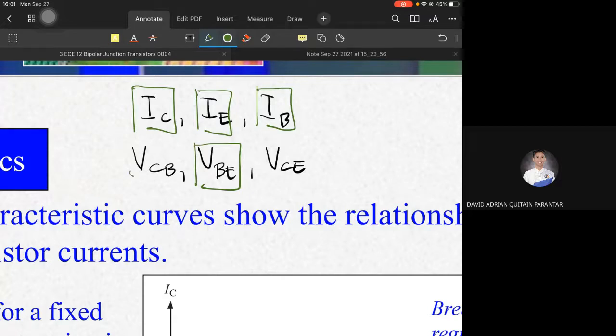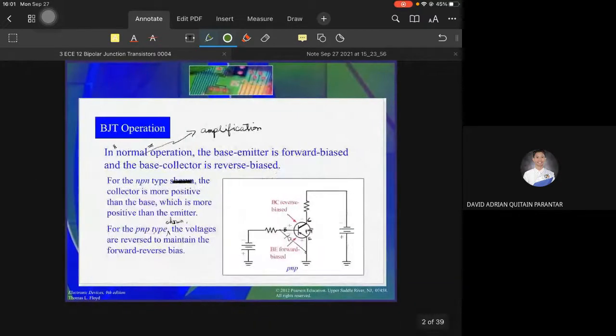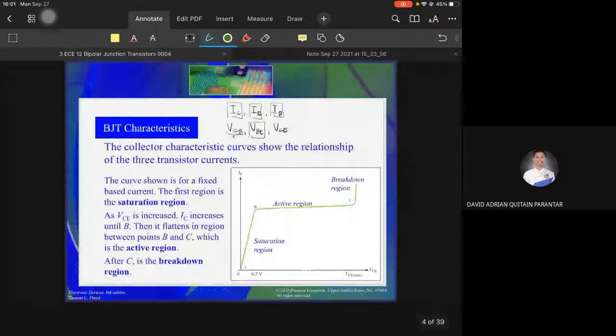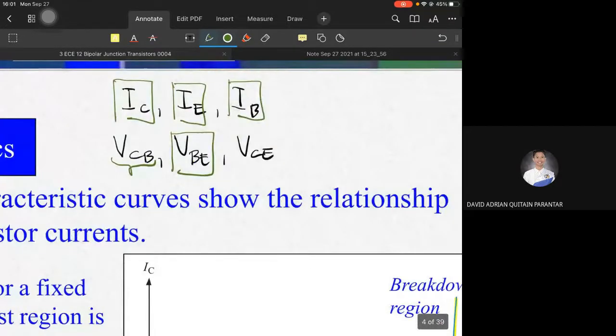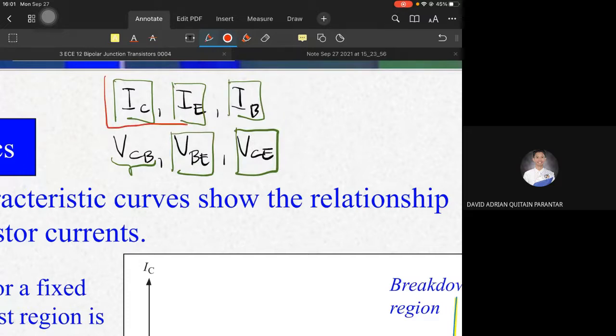VCB is trivial because remember, in the normal amplification operation, the collector-base junction is reverse biased, so we no longer need to find VCB, but only VCE. So these four are what we solve first for analysis problems. For design problems, maybe these are given and the resistors are what we look for instead.